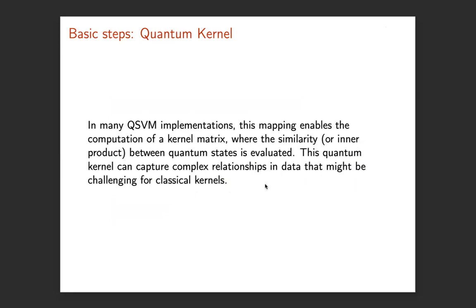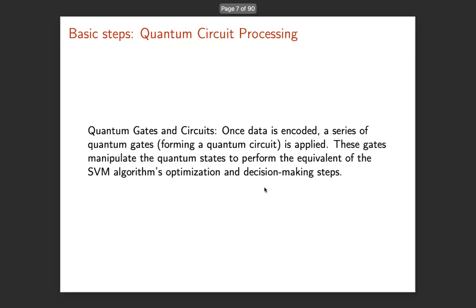And this quantum kernel, which is the quantum mechanical equivalent of the classical kernels which we discussed in the previous weeks, is in a way meant to capture complex relationships in the data. That might be difficult for classical kernels because, through entanglement and superposition, we have the possibility to access a much larger space.